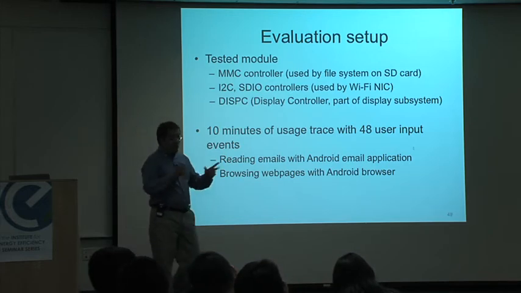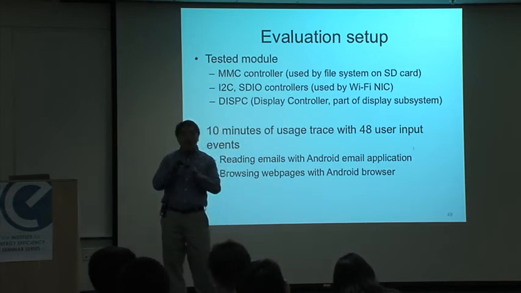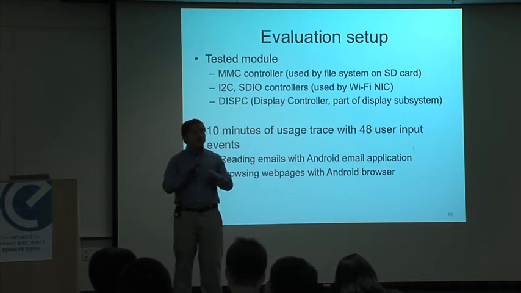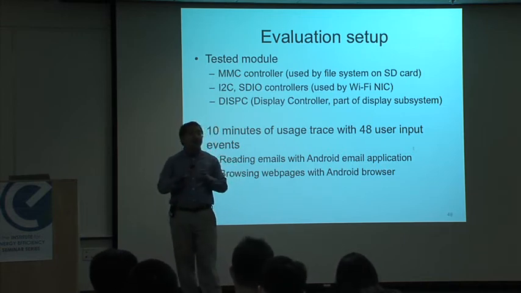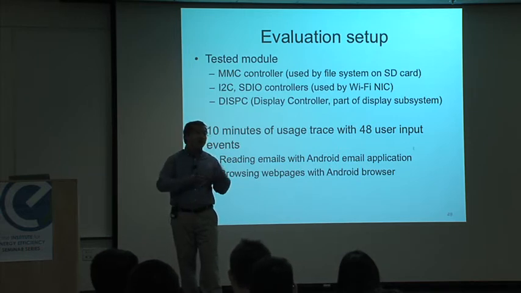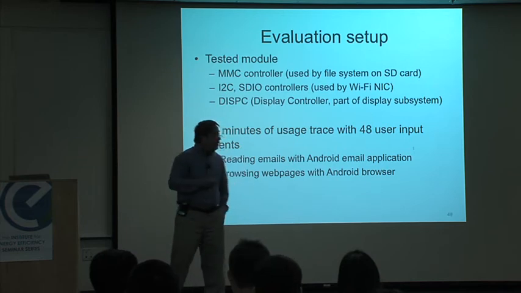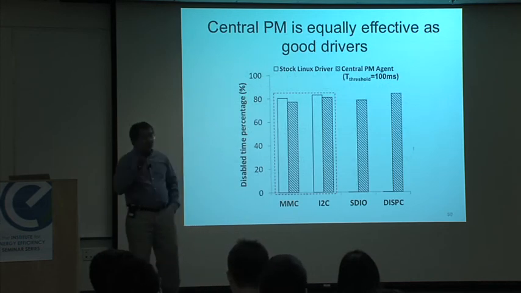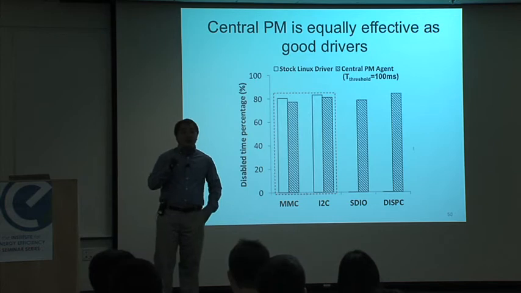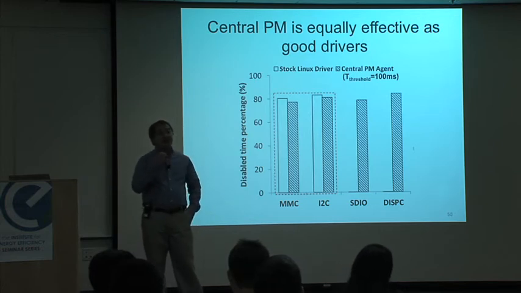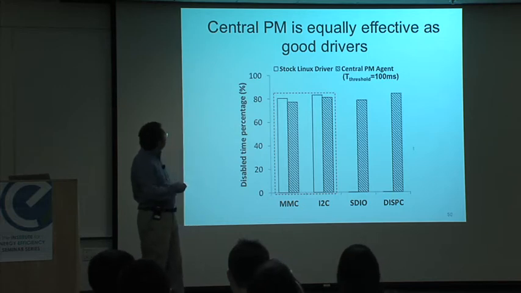And we worked on the Panda board to generate 10 minutes of traces with about 50 user events that browse the web, access email, basically exercise these modules, right? And here are the results. Out of this 10 minutes, what is the percentage of time the modules are disabled? Here the white box is the stock Linux driver.